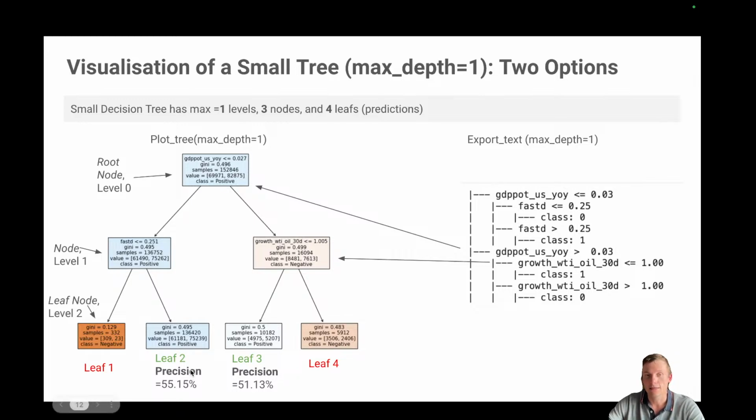You can say that I won't look at the default class labels, positive or negative, but I will look at the precision in each node.